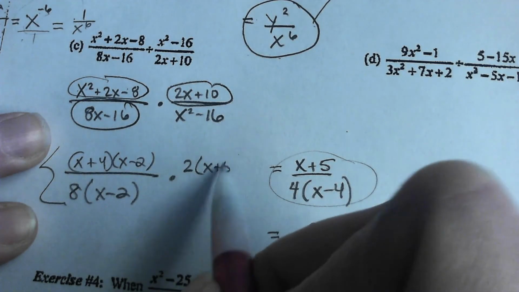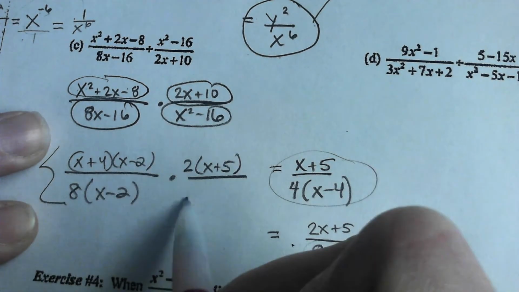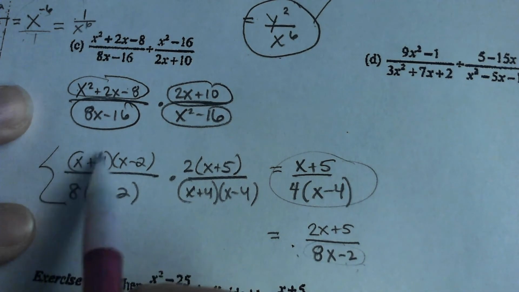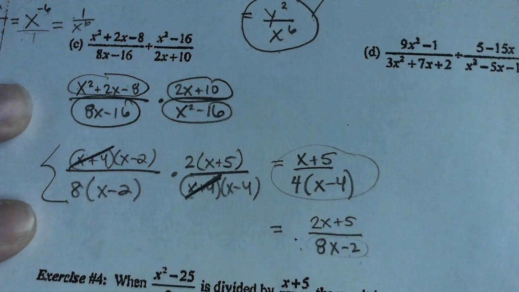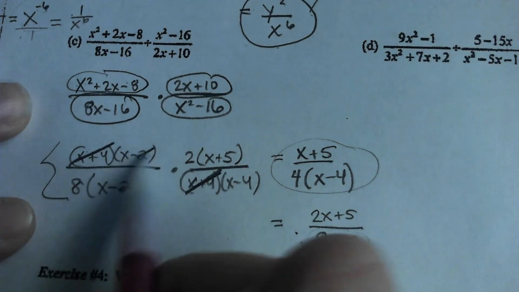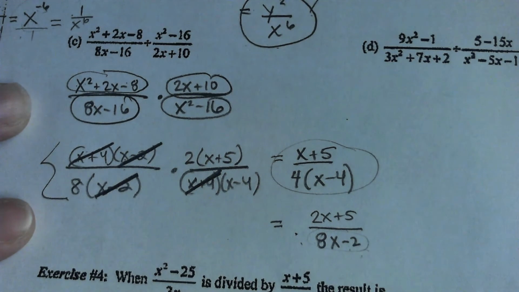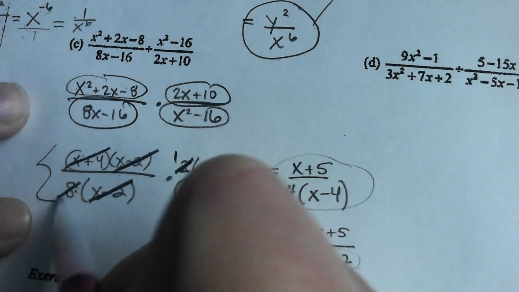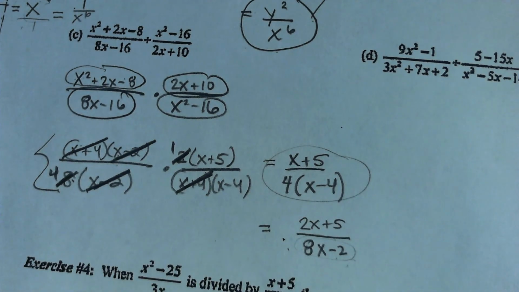We're left with x plus 5. On the denominator, we have a special pattern, x plus 4, x minus 4. So, x plus 4 and x plus 4, gone. X minus 2 and x minus 2, gone. The 2 and the 8 can become 1 and 4. And that would be all we can cancel.